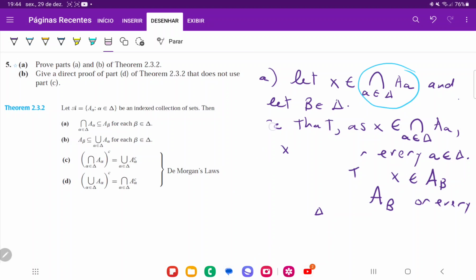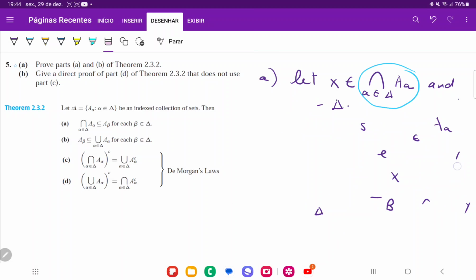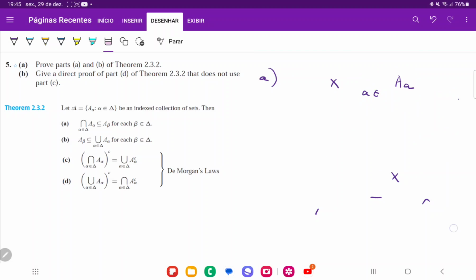The idea here is kind of the same, but now we're taking an element that is in every single set within that family and then showing that it belongs to the union, right? So let me rewrite this. For B, let X belong to A sub beta.